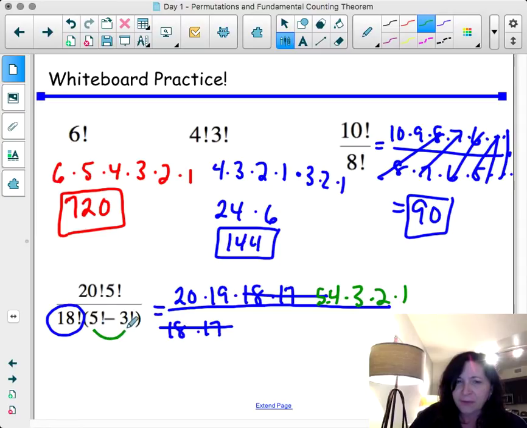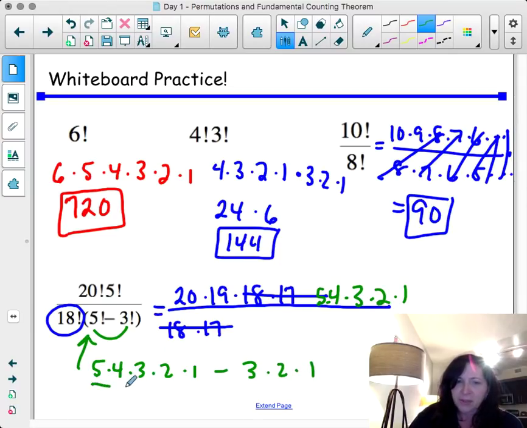And then I've got 5 factorial minus 3 factorial. So 5 factorial is 5 times 4 times 3 times 2 times 1 minus 3 times 2 times 1. So 5 factorial is 20 times 6, which is 120. We already did that one. Minus 120 minus 6.